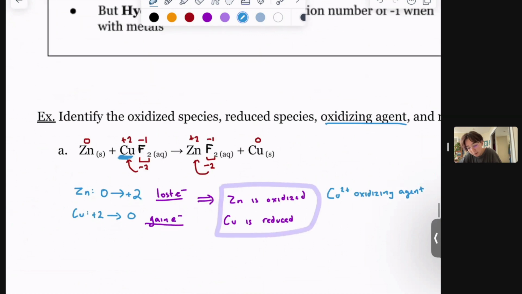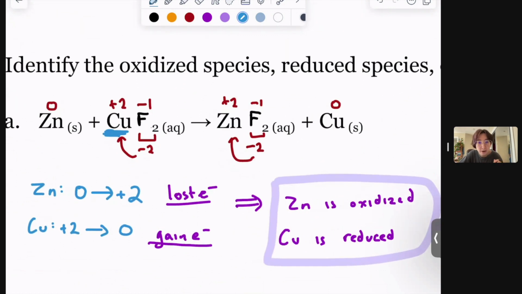It might be helpful, maybe you could do a net ionic equation, or a complete ionic equation and break things up into ions. Maybe that would make it easier to see. But you want to focus in on the actual species that is on the reactant side. So not the whole compound, because the compound didn't gain electrons. Copper specifically got reduced. Copper is the thing that gained.